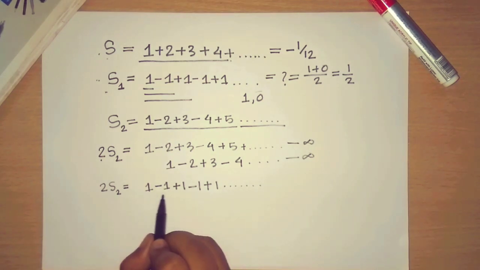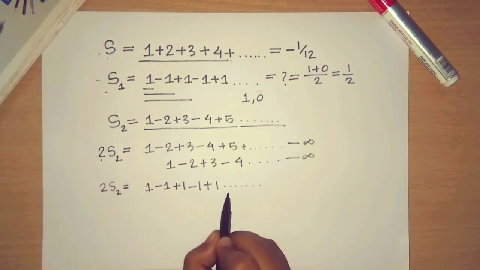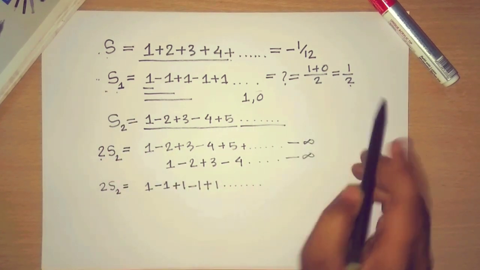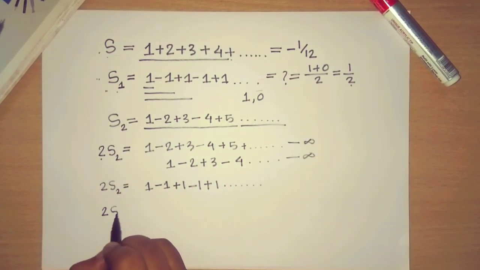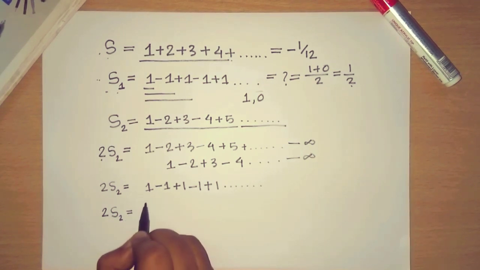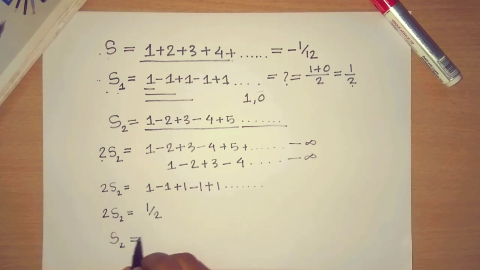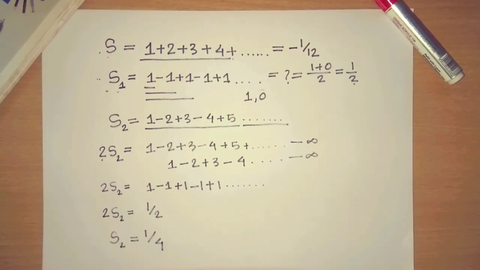We found the value of this particular expression earlier, that is s1, and its value was half. So 2s2 is equal to half, and s2 equals 1 by 4.